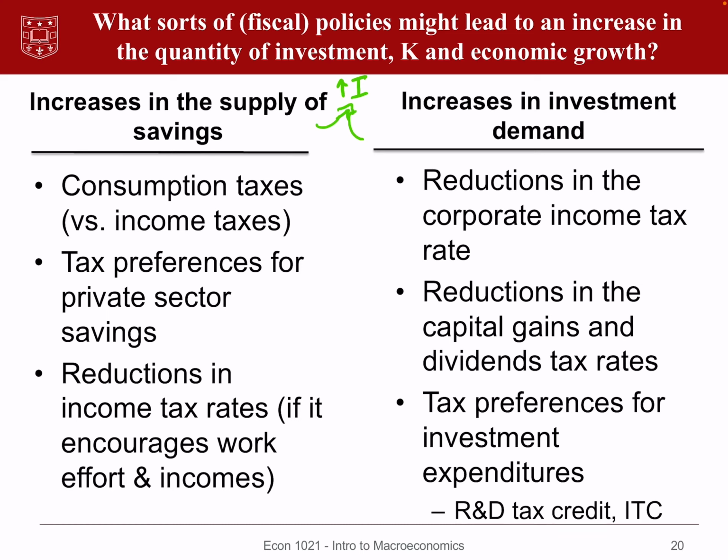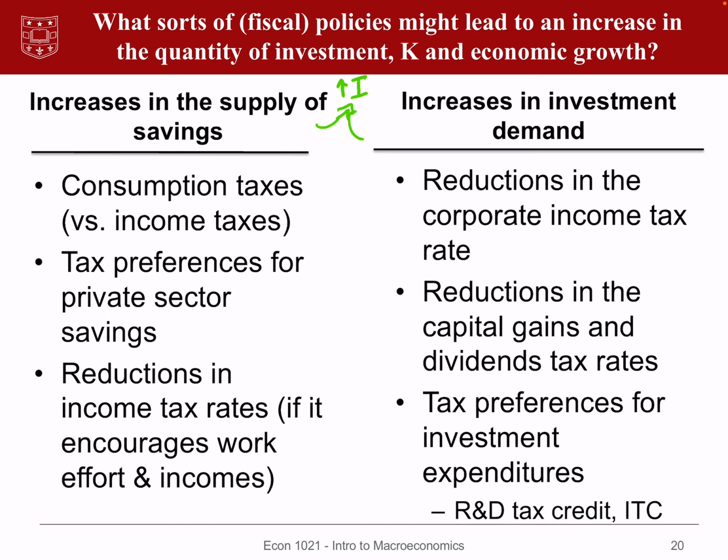So, consumption taxes discourage consumption, stimulate savings. We might have tax preferences for private sector savings accounts. So, you save more, you get a tax credit or you get a rebate. We might have reductions in income tax rates to the extent that that would encourage additional work effort, stimulate incomes, and lead to an increase in the supply of savings.